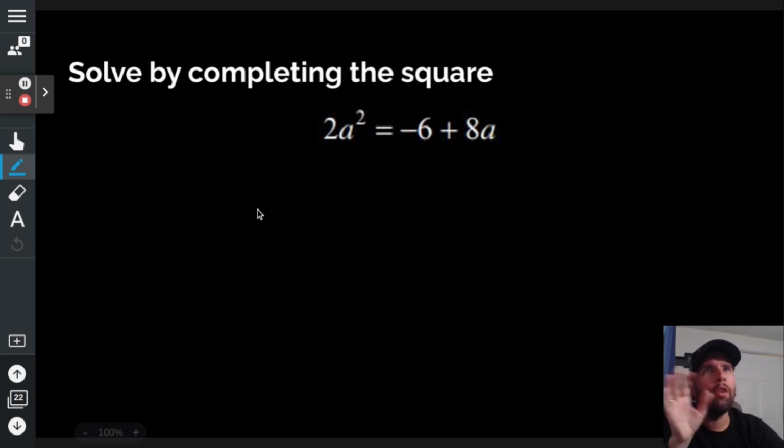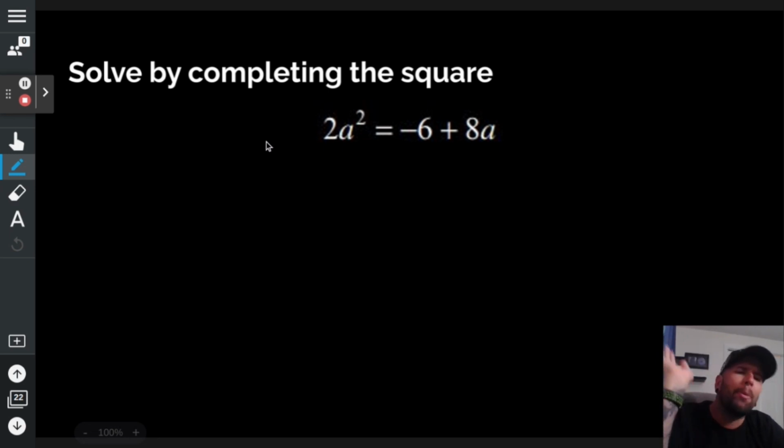All right, solving by completing the square means that you have to move certain things over, take half of something, square it, add it to both sides, perfect squares, and so on. This is how you solve by completing the square. First things first, you need your variable squared and your variable on one side, and you need your constant on the other.